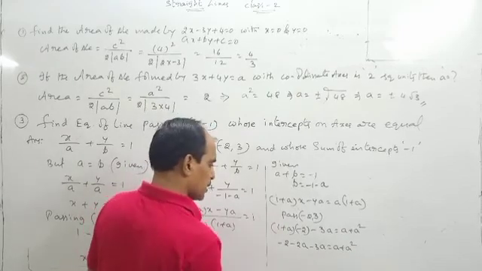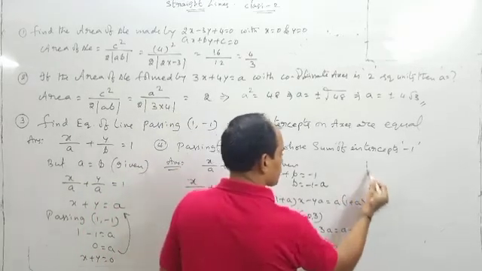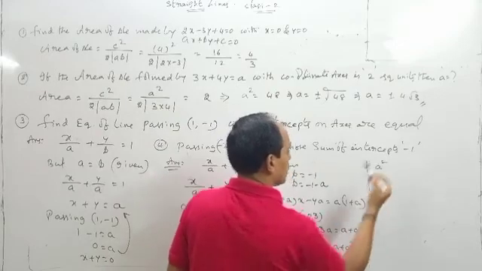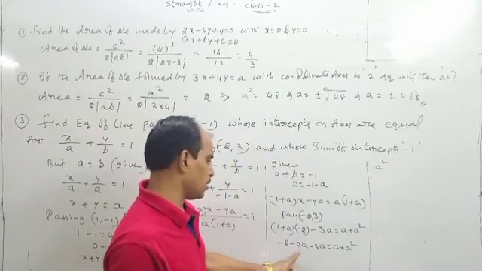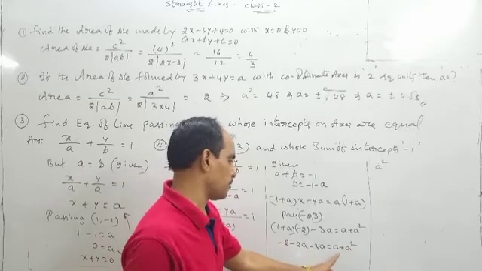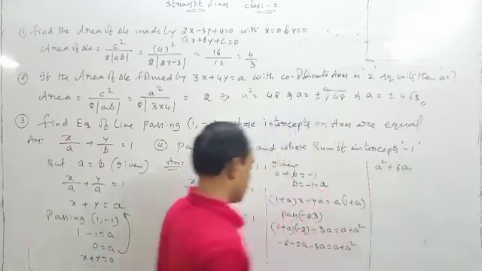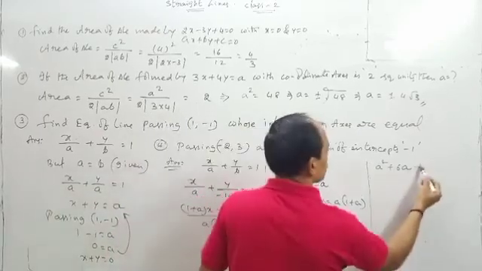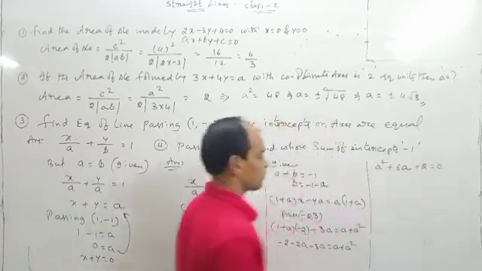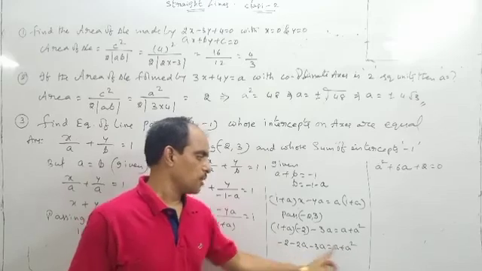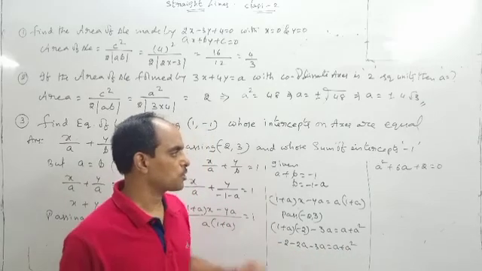Okay, that is a square, and you see minus 5a, that with the a is 6a, and minus with the plus 2 is equal to 0. Okay? a square plus 6a plus 2 is equal to 0.